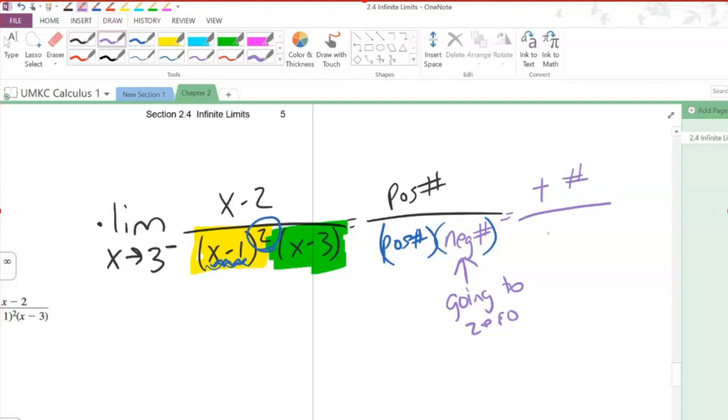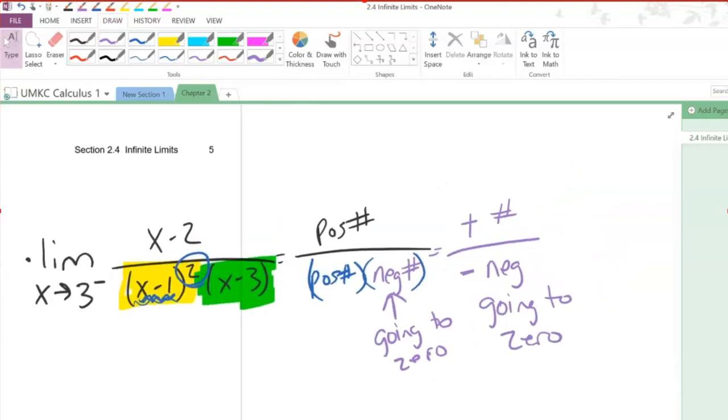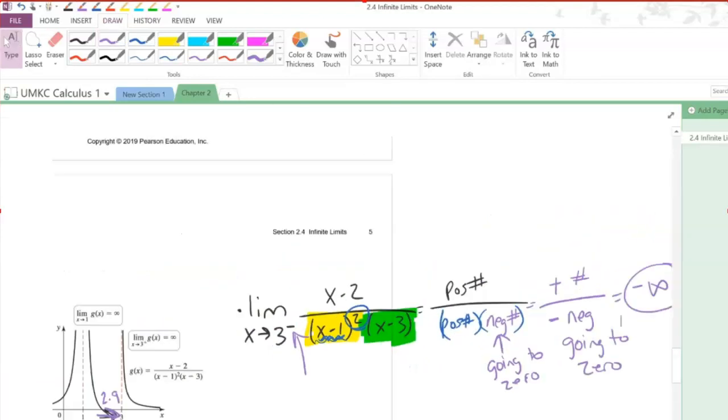And my whole denominator is going to 0, but overall it's negative. Negative, but going to 0. It's never 0 because you can't plug in 0 in the denominator. It's because we never actually hit 3. We're always just slightly to the left of 3. So in this case, it's going to be minus infinity. And you can see that from the graph.